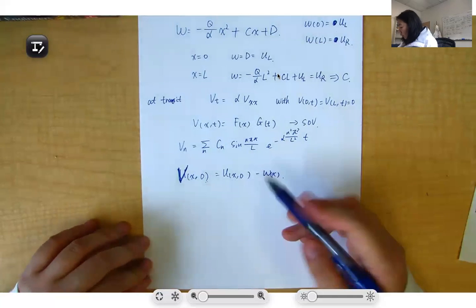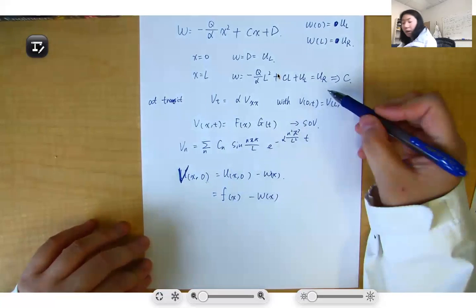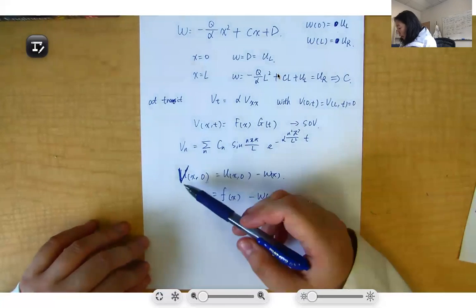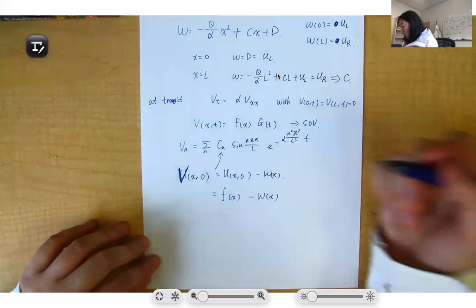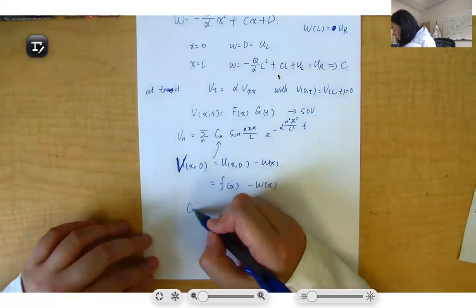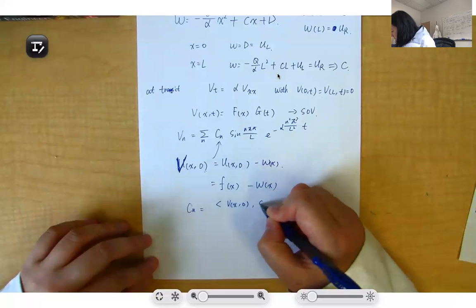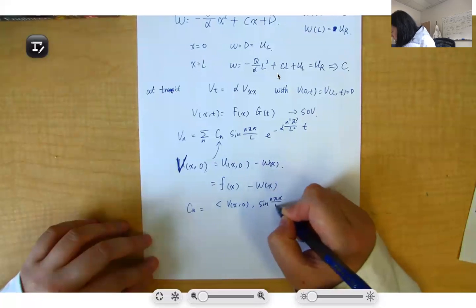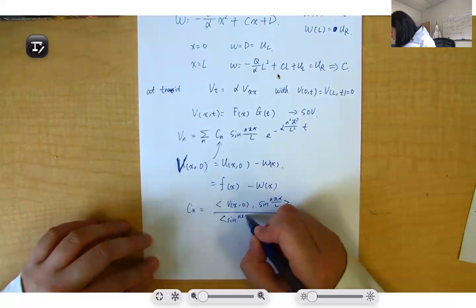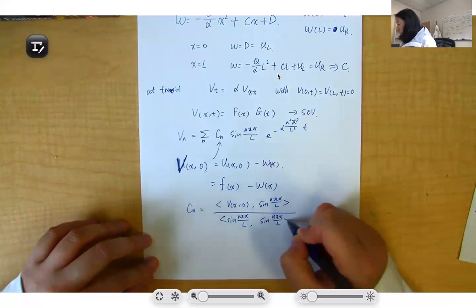And u(x,0) is f(x), and w(x) is whatever you solved here. Then you can use v(x,0) to figure out your C_n part. Then C_n will be equal to the inner product of v(x,0) with sine(m pi x over L), normalized by the normalization factor, the inner product of sine(m pi x over L) with itself.